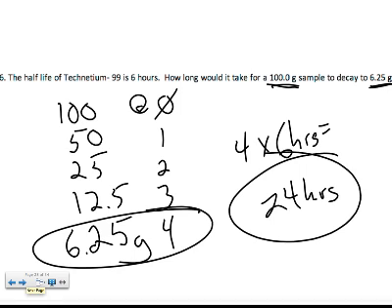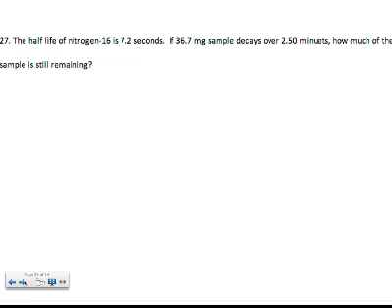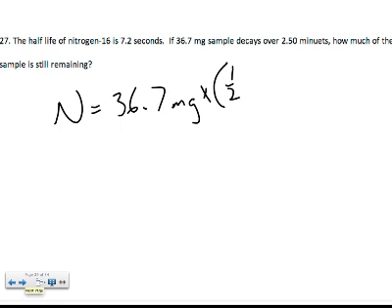Okay, if the half-life of nitrogen-16 is 7.2 seconds, a 36.7 milligram sample decays over 2.5 minutes. How much of the sample remains? So, trying to find the remaining amount, we start with 36.7 milligrams times 1/2 to the power of, and it's 2.5 minutes.